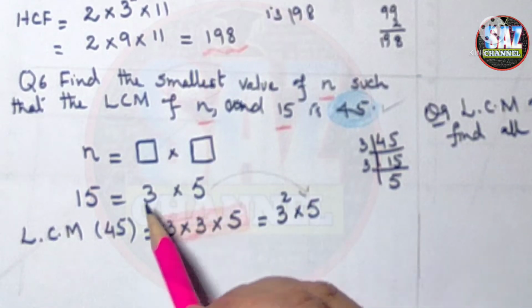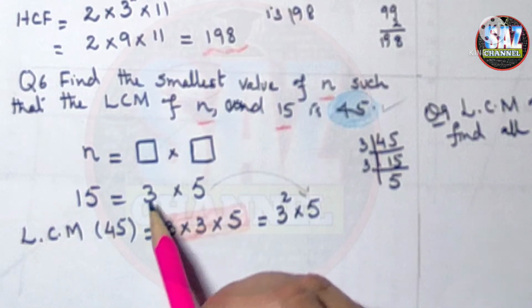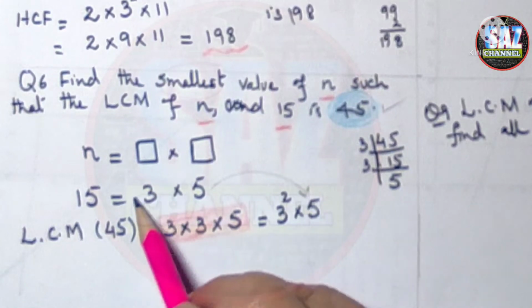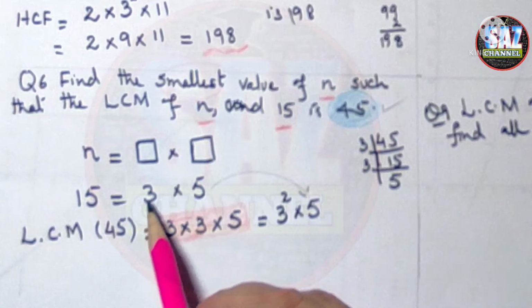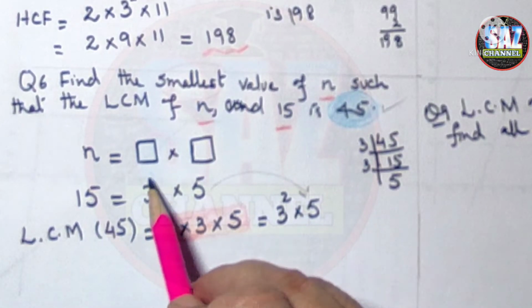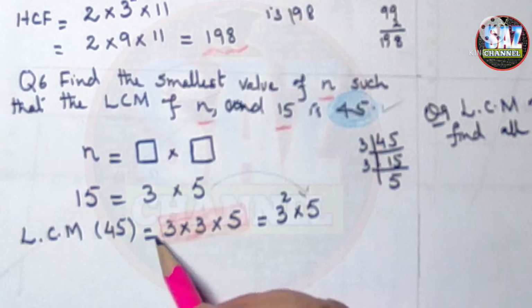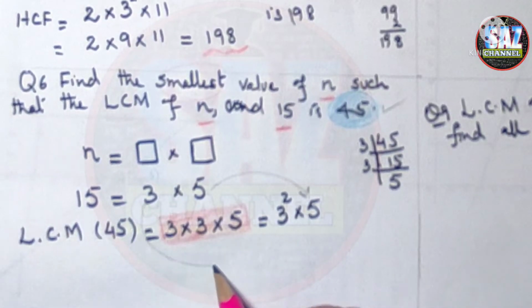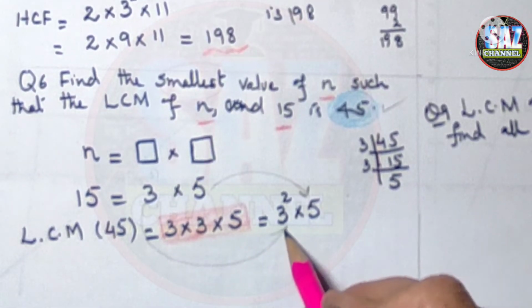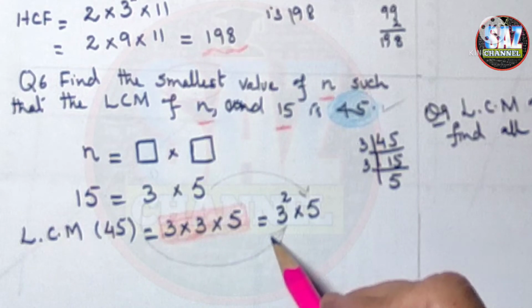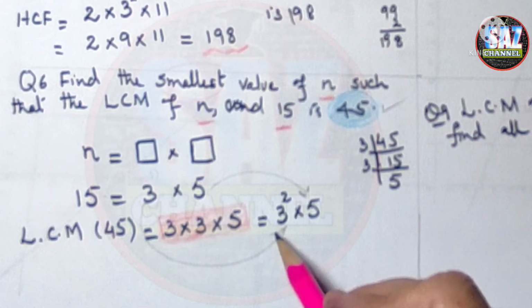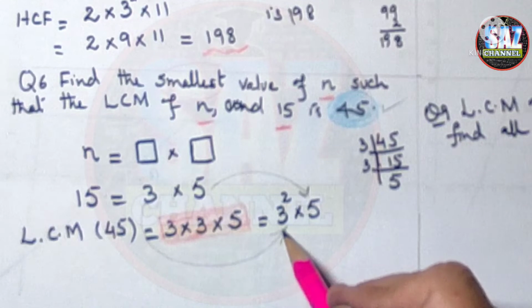If you look at 3, we can see that the given number has 3 one time, but in the LCM the power of 3 is 2, as the LCM is the product of common and non-common prime factors, and the common prime factors have to come with their greatest power in the LCM.